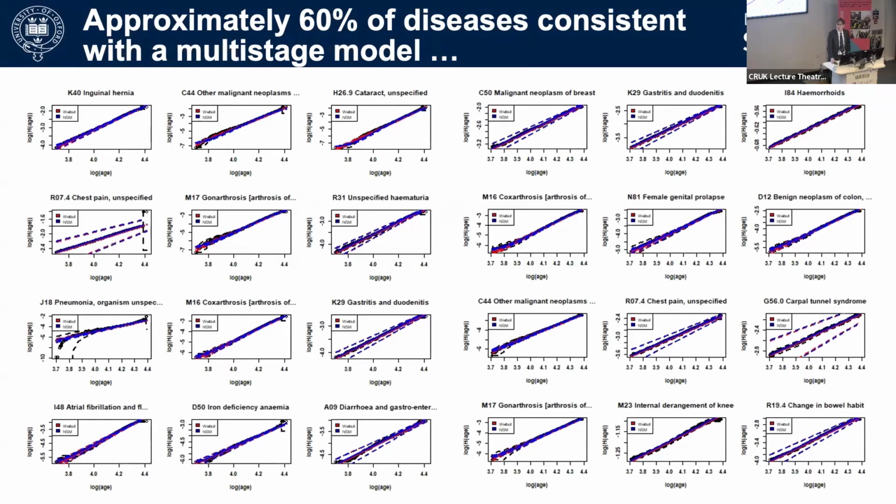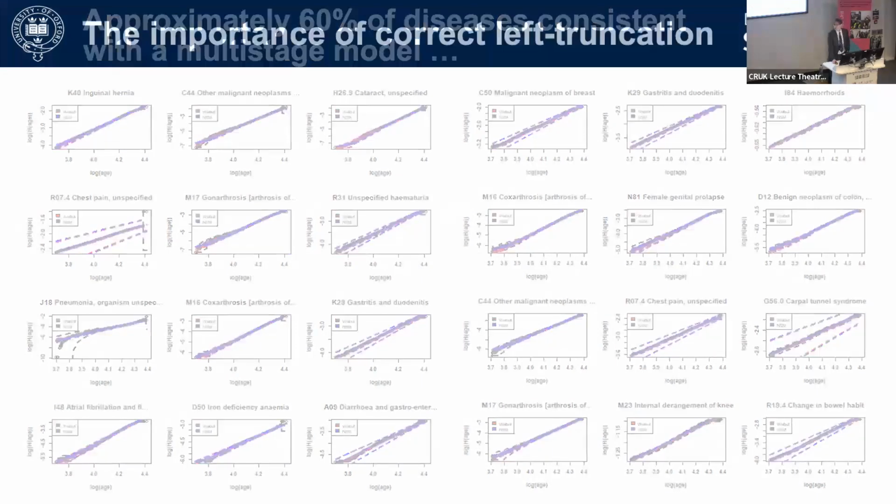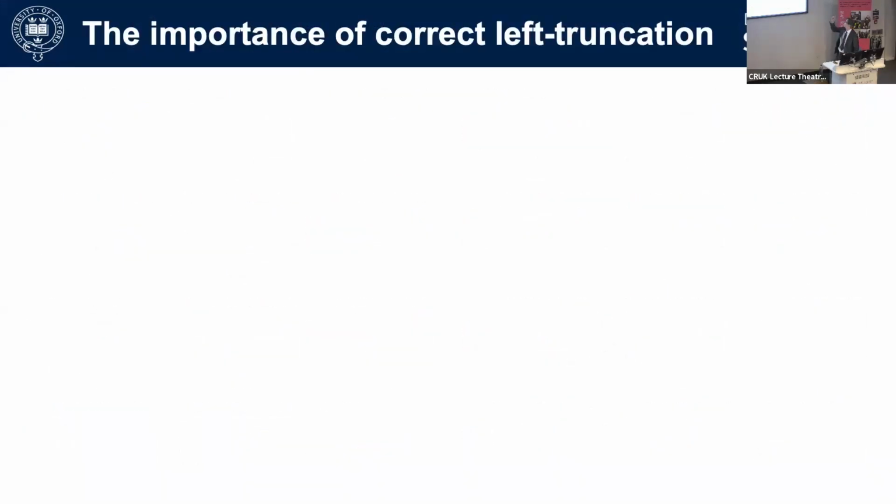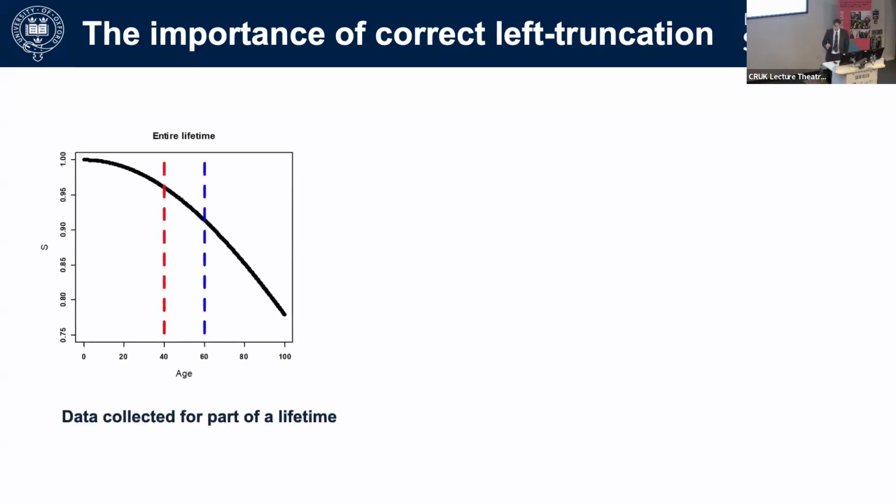So you might start to wonder, well, why hasn't this been noticed before? There are several good reasons for this. One is simply that the data would not have been easily available. But another reason is the mathematical issue of left truncation. Just to explain what I mean by this: if you imagine you are born and you consider your chance of surviving without getting a disease, initially when you're born, that's 1.